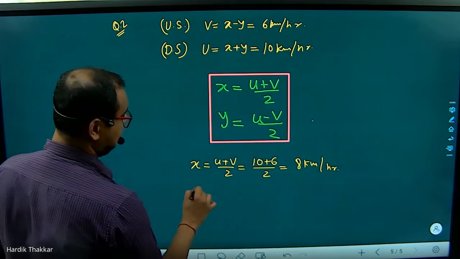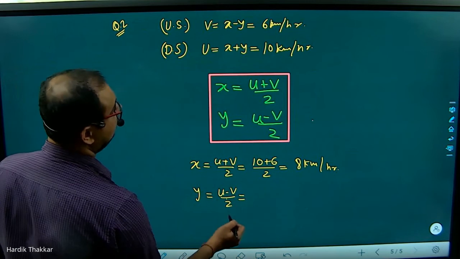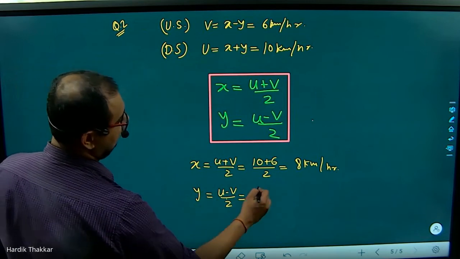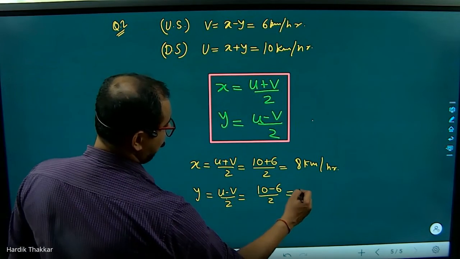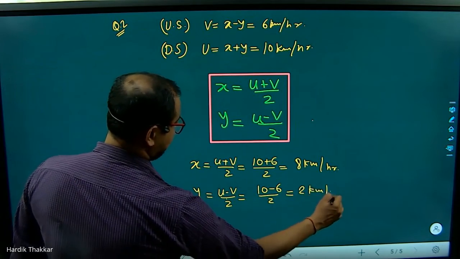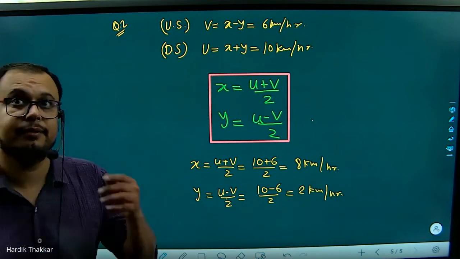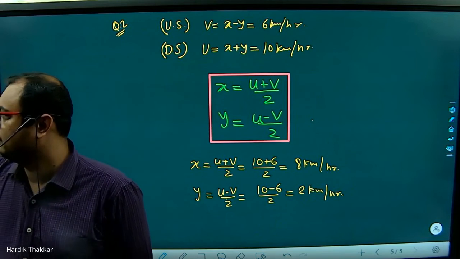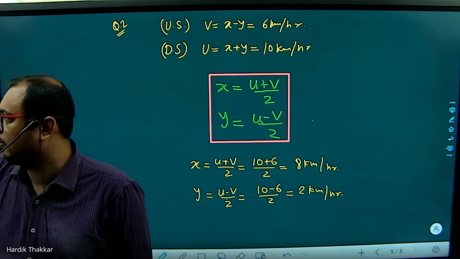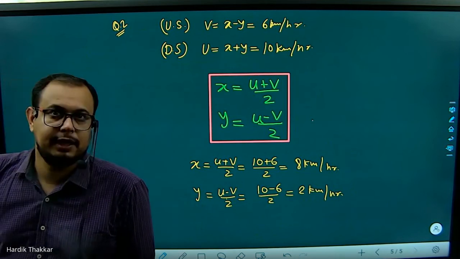And y is equal to (u minus v) by 2. So here u is 10 minus v is 6, that is 4 by 2, and you will get 2 kilometer per hour. That's it. This is the required speed. Clear? Riya, clear है ना? Yes, sir.